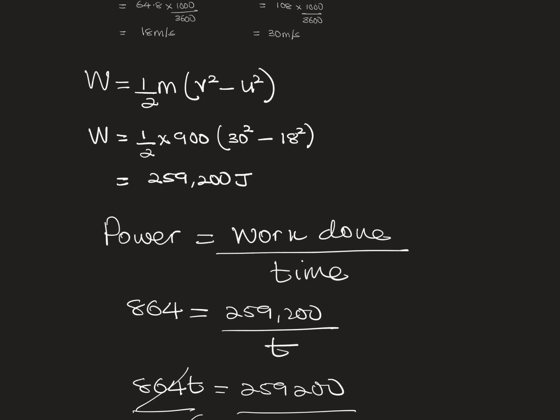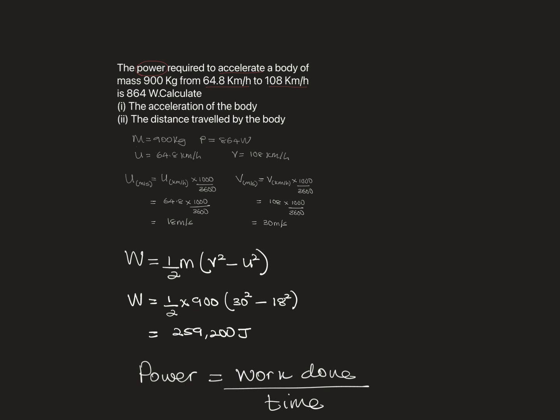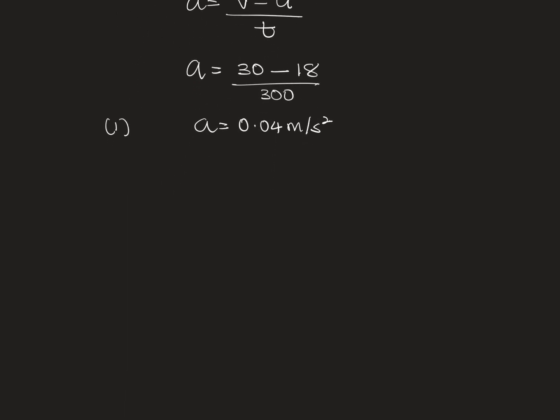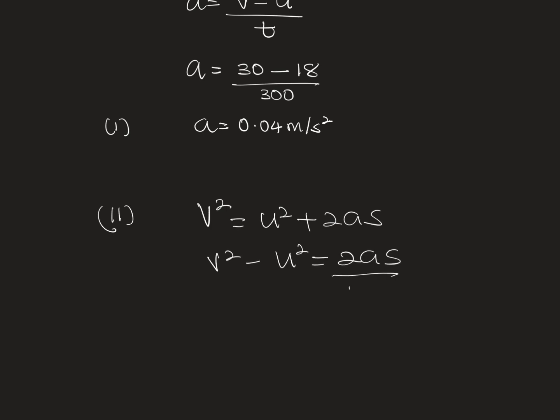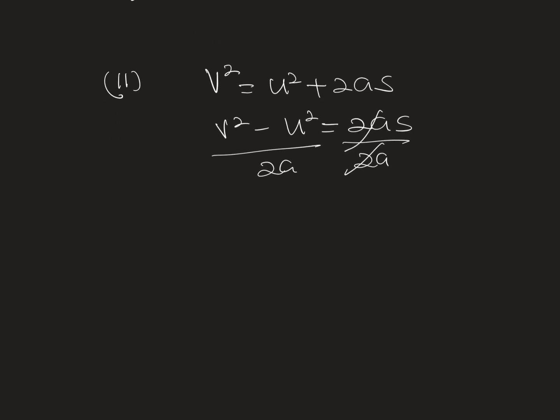Question 2 asks us to calculate the distance s. I know that v squared is equal to u squared plus 2as, then v squared minus u squared equals 2as. If you divide both sides by 2a, you will have s. So s is simply v squared minus u squared divided by 2a.